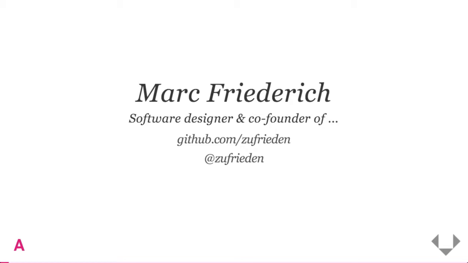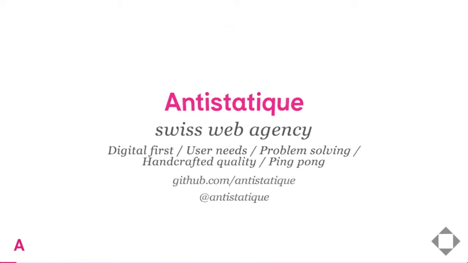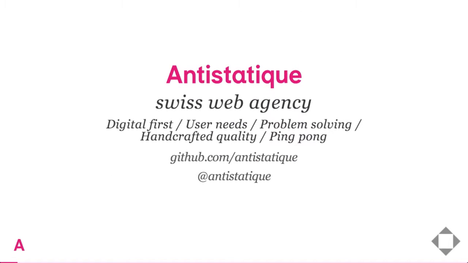And I'm also the co-founder of Antistatic, and my name means I'm happy most of the time. Antistatic is a web agency from Lausanne. We're a bunch of 10 web enthusiasts. We try to develop web solutions for user needs, and we also play ping pong.